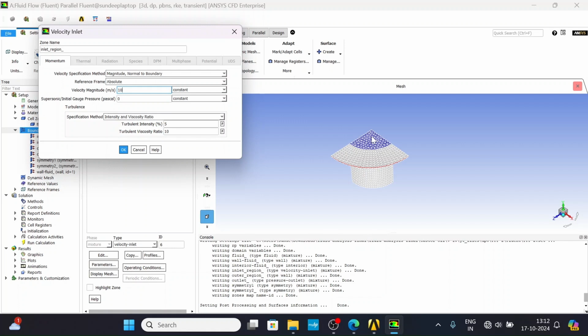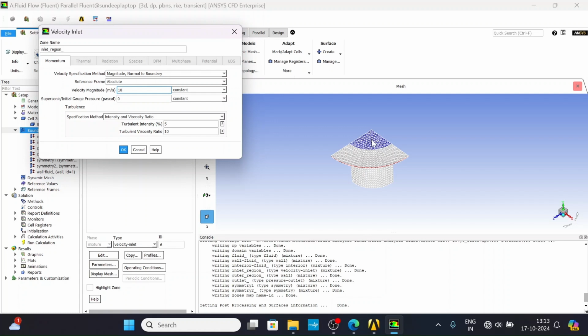Whatever the velocity of the punch is, but it is a one-way FSI, fluid structure interaction. That is the reason we have to take one assumption: the punch is moving at 10 meters per second as well as the fluid. We have to give this fluid velocity individually so that we can get the fluid pressure results at the area of interest.